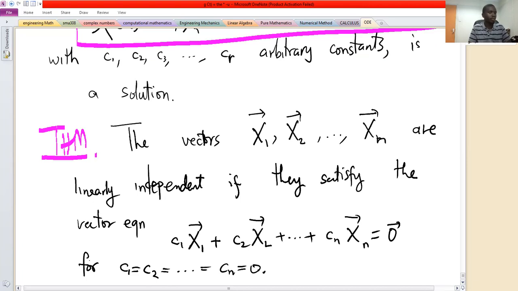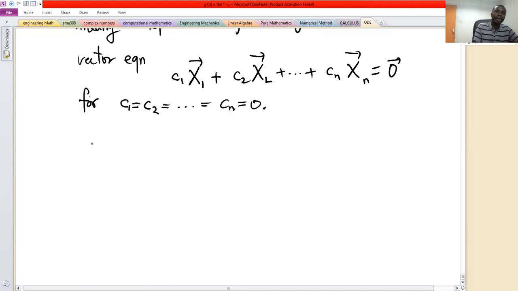So that's what defines linearly independent vectors.